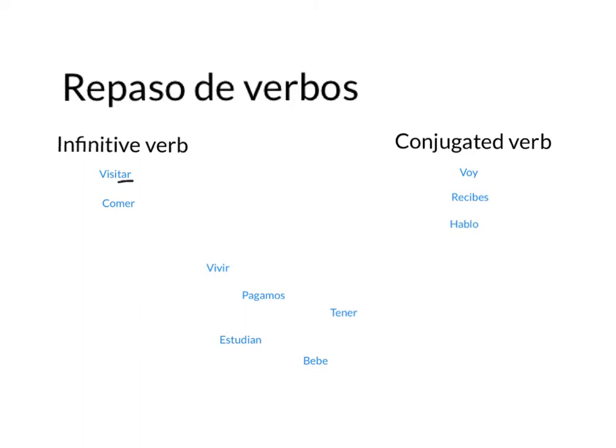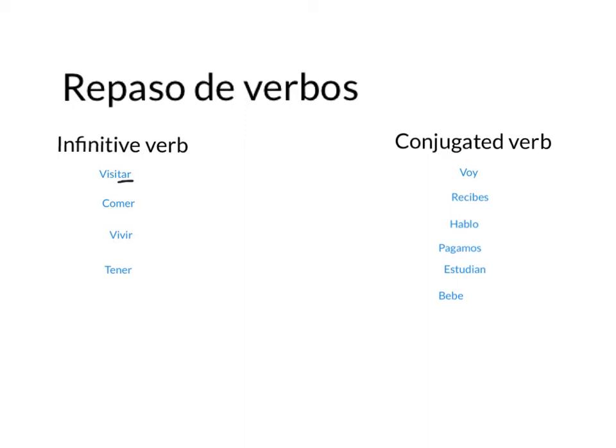Hablo, conjugated verb, I talk or I speak. Vivir is an infinitive, to live. Pagamos is a conjugated verb, we pay for. Tener, to have, is an infinitive. Estudian, they study, is a conjugated verb. And bebe, he drinks, is a conjugated verb.